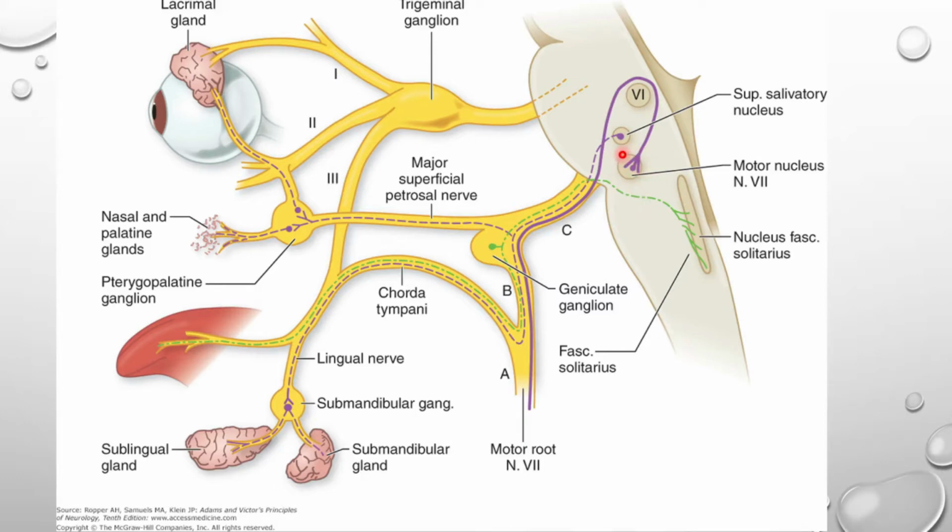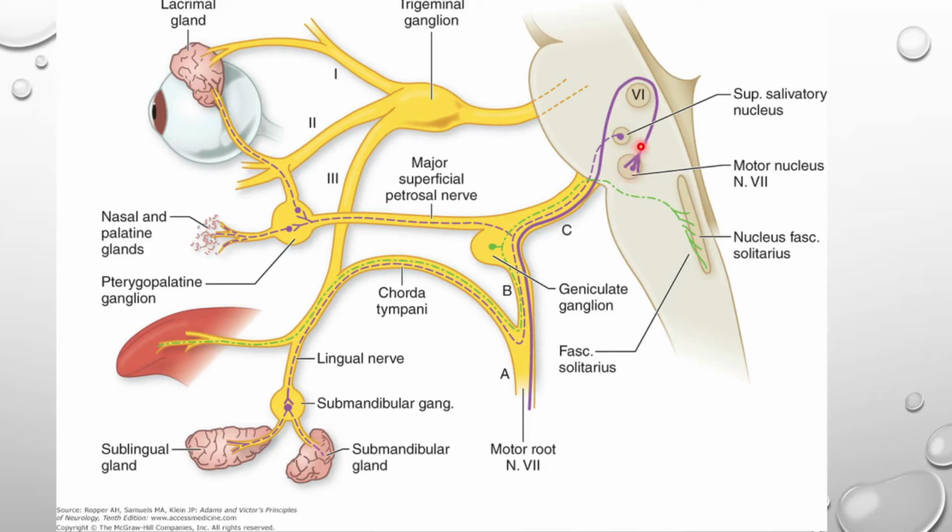There will be cortical, and again we will talk about this when we discuss neuroanatomy, but there are upper motor neurons that come from the cortex of your brain, from your primary motor cortex, and these are going to communicate with lower motor neurons that arise within the motor nucleus of the facial nerve, which is within the brainstem.